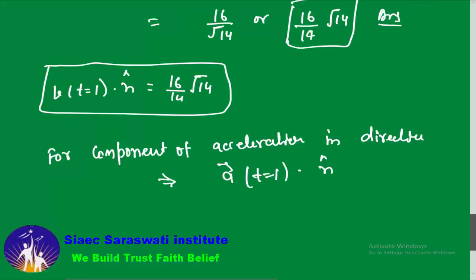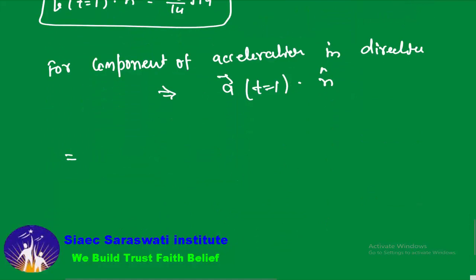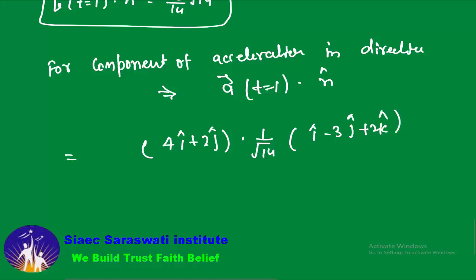So it will be vector (4i plus 2j) dot 1 upon root 14 times (i minus 3j plus 2k). So that will be 1 upon root 14, 4 into 1 plus 2 into minus 3 plus 0.